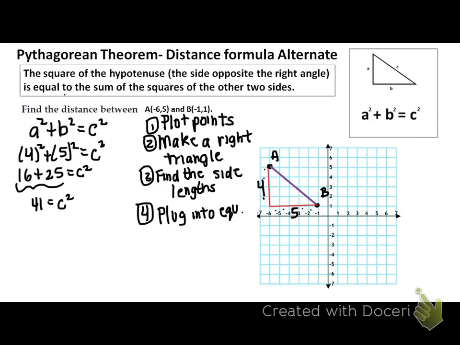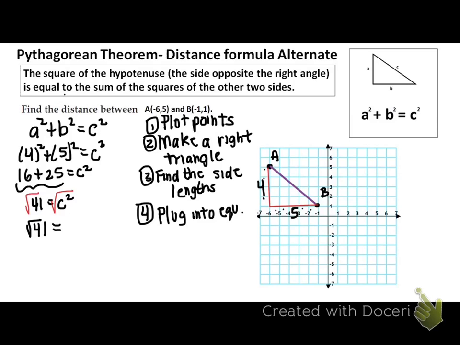How do I solve for c? Square root. Beautiful. I love this. We're going to take the square root of both sides. We're going to leave it as the square root of 41. I'm okay with you leaving it as the answer.